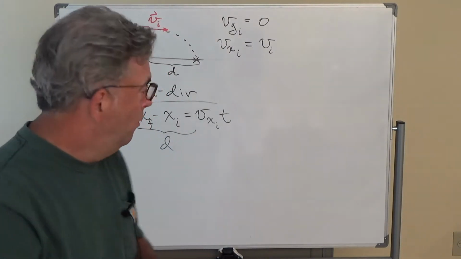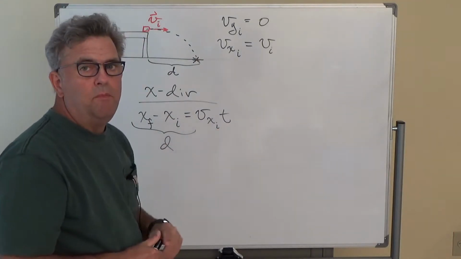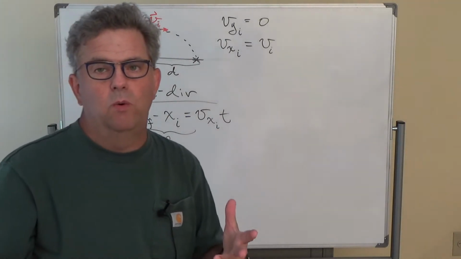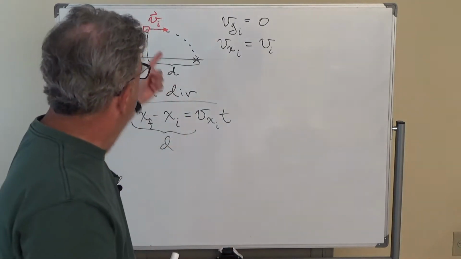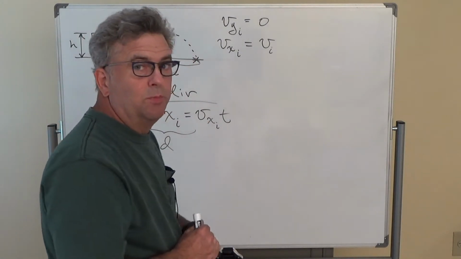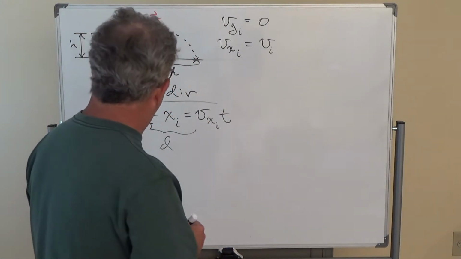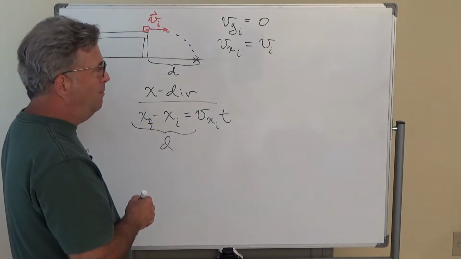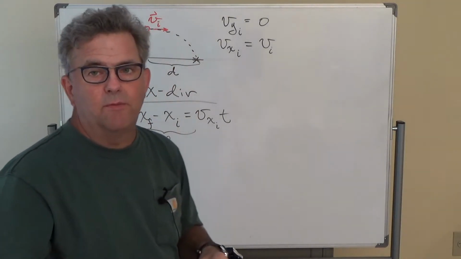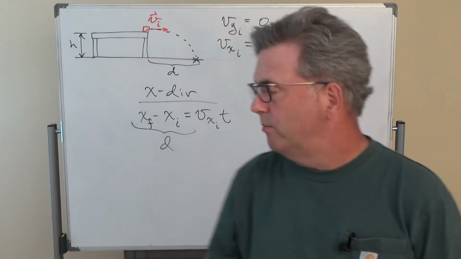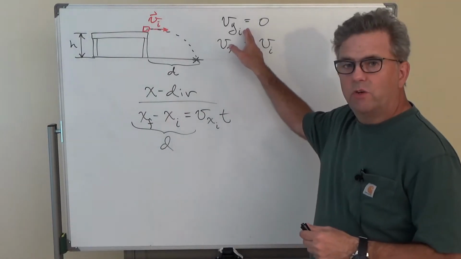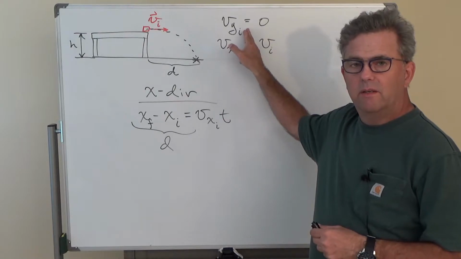Problem. We don't know t. We don't know the time that it was a projectile. However, we know the height of the table, so we can use the information that we have in the y direction because there's no initial y velocity.